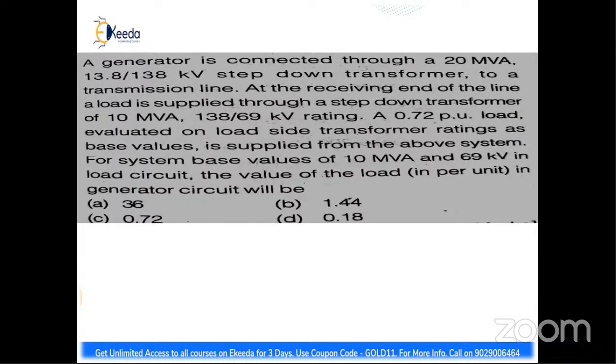So now moving on to the next problem. A generator is connected through a 20 MVA 13.8 by 138 kV step down transformer to a transmission line. At the receiving end of the line, a load is supplied through a step down transformer of 10 MVA 138 by 69 kV rating.